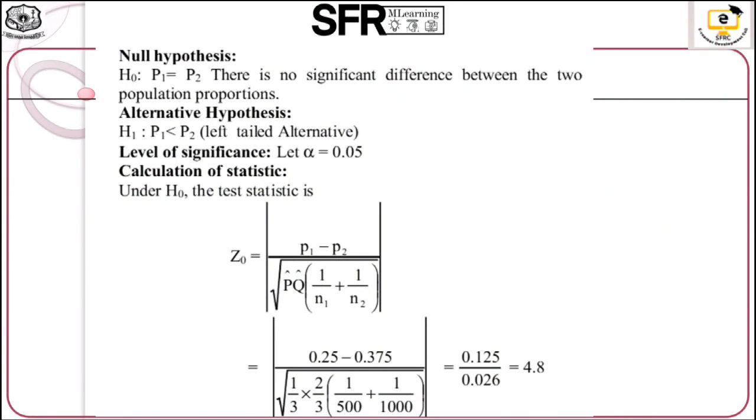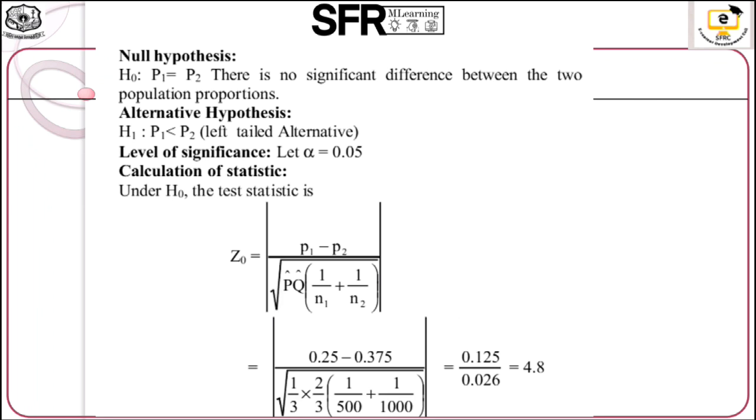First we set the null hypothesis, that the given two proportions are the same. That means there is no significant difference between the self-employment of these two cities. The alternative hypothesis is that the second city is greater than the first one, so we set P1 is less than P2. Here we take the alpha value equal to 0.05.